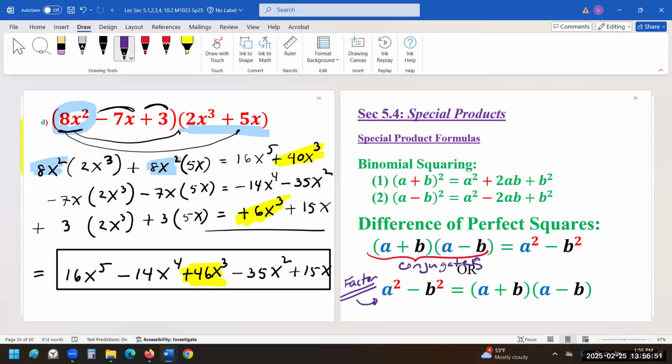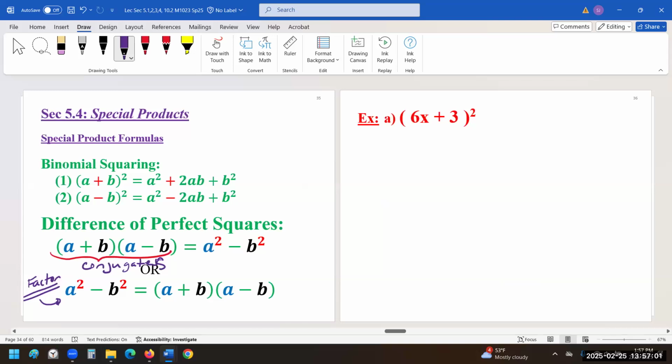So difference of perfect squares gives us two conjugates, and when you multiply two conjugates, you get difference of perfect squares. Again, if you don't remember any of this, if you have bad memory, your hope is distribution. But if you learn this, trust me, you're going to save a lot of time.